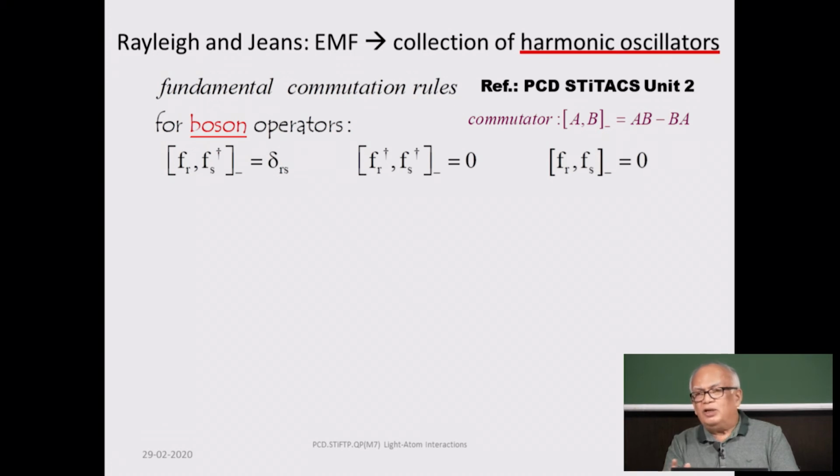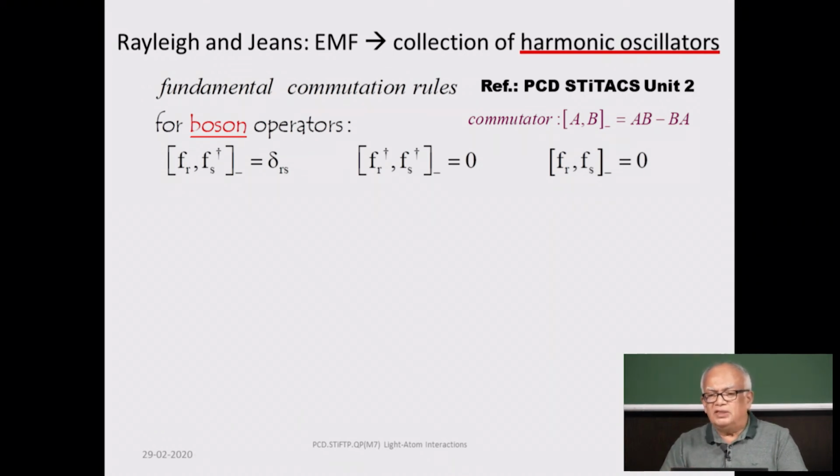I have discussed this in a different course, and I have given the reference over here, which is a special topics course in the theory of atomic collisions and spectroscopy. In unit 2, I have discussed this, so I am not going to spend any time redoing the second quantization as such.